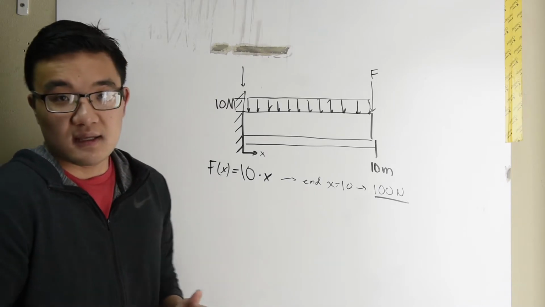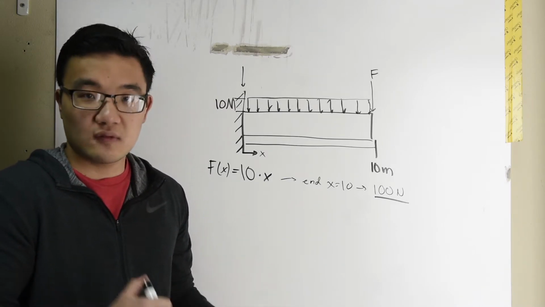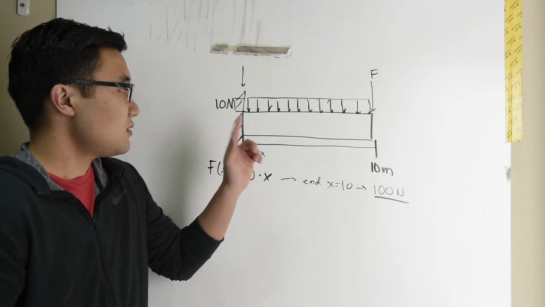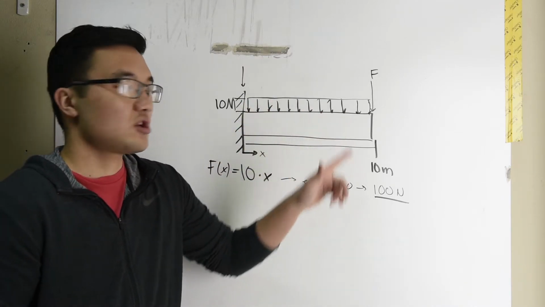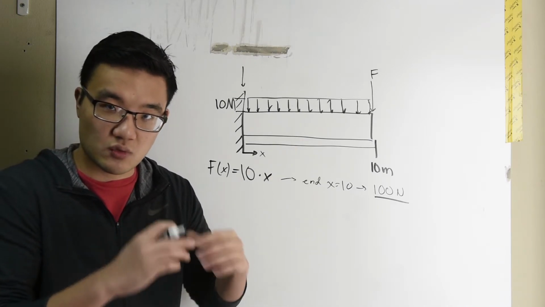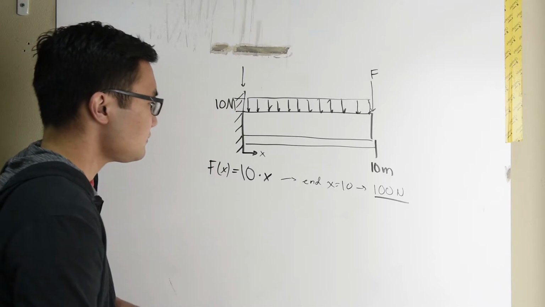So the way we do that is we calculate what's called the center of load, the centroid, however you want to say it. It's basically the equivalent location at which this distributed load can be applied as a point force without changing the characteristic of the load.